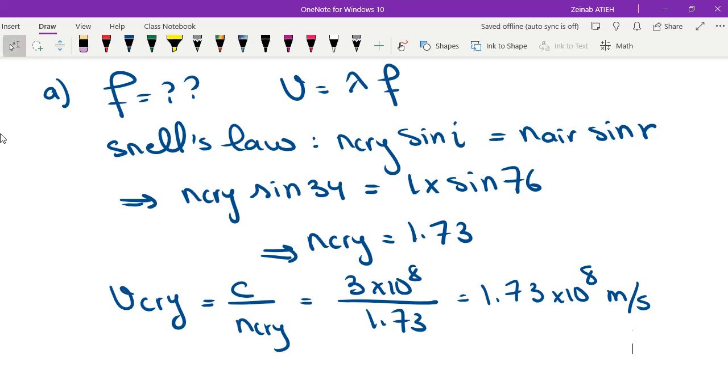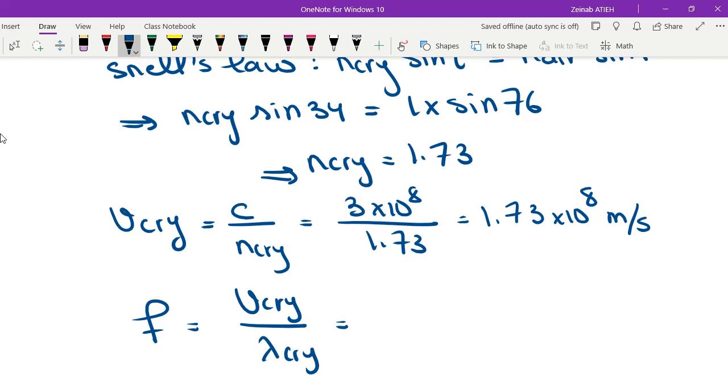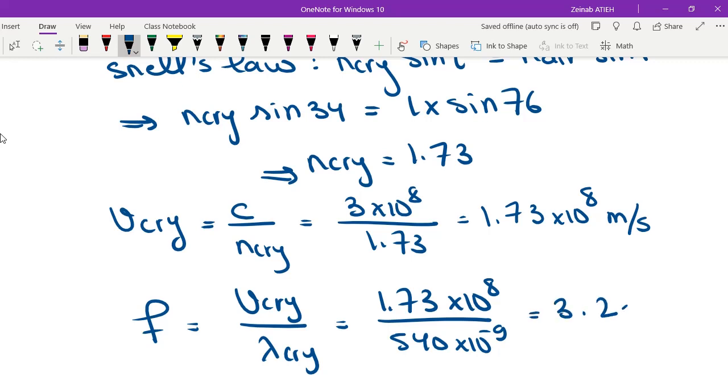Okay, now let's find F. We have F equals V crystal over lambda crystal, everything in SI units. I kept the same number on the calculator and I will divide it by 540 times 10 to the power minus 9. It gives 3.2 times 10 to the power 14 hertz. And this is the frequency.